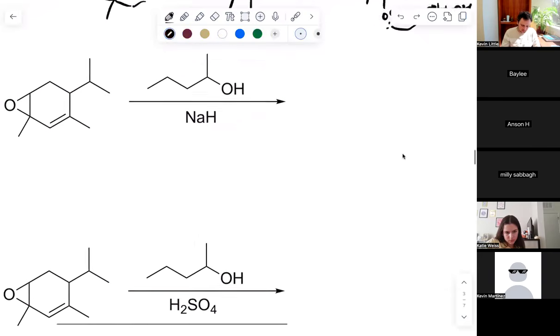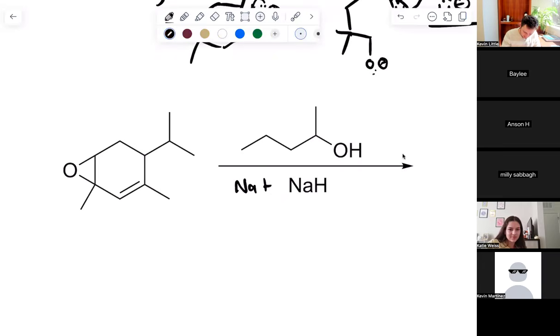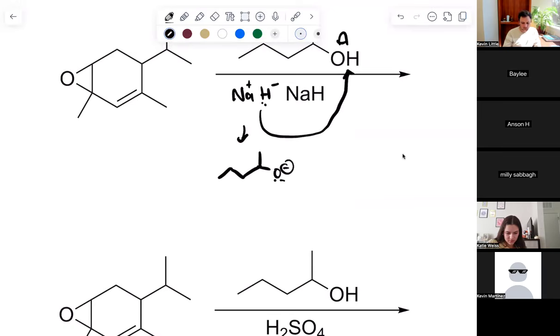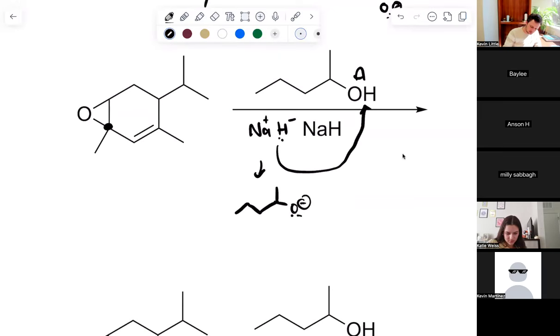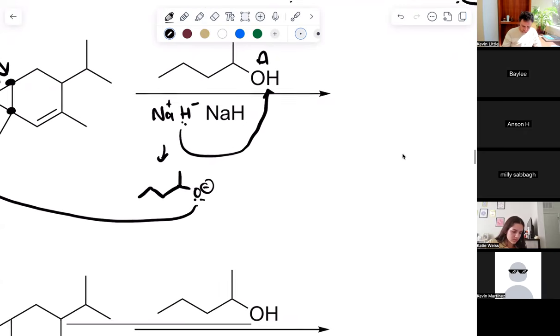All right, these next 2 questions were put together on purpose, right? Sodium hydride. That's a base. Base deprotonates the nucleophile. And now I have to decide whether I attack this or this part of the epoxide. Since this is a negatively charged nucleophile, it's going to attack the most accessible side of the epoxide.